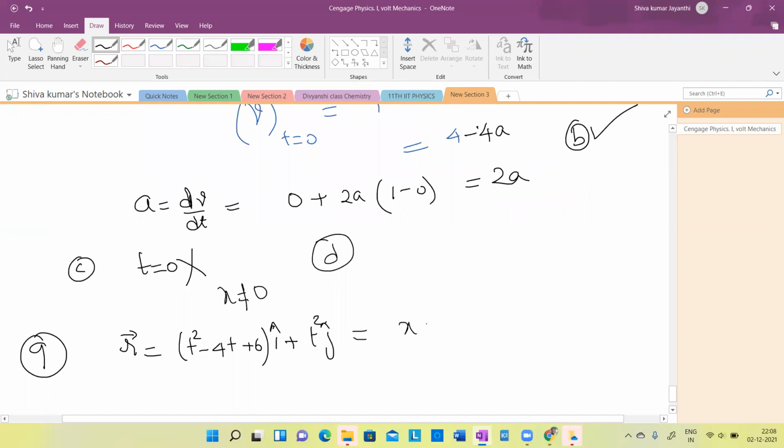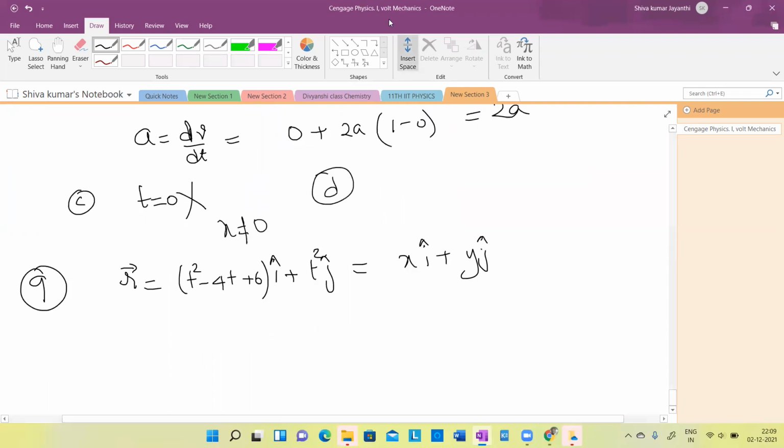R bar means xi cap plus yj cap. Now what are they asking? The time after which the velocity vector and acceleration vector become perpendicular to each other. Shall I tell you how to do it? Will you try it now itself? Shall I tell you a trick for this?